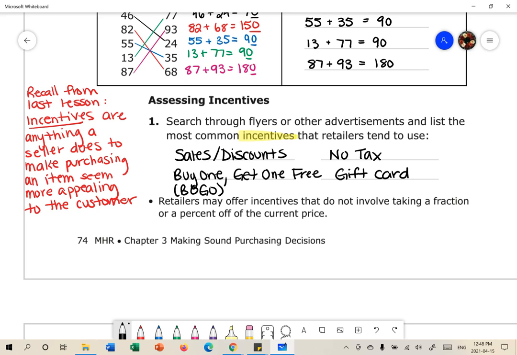Retailers may offer incentives that do not involve taking a fraction or percent off the current price.